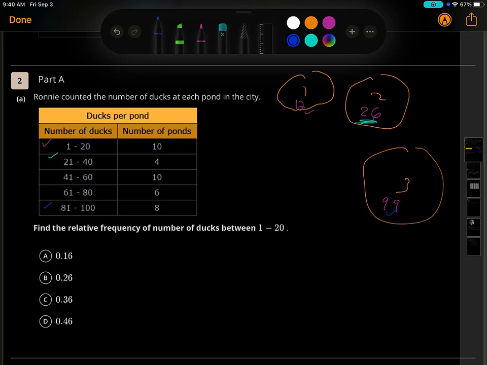So it tells us find the relative frequency. So here, this is your frequency. Hold on a second, I'll move this. Okay, so basically frequency is just a count. And this one wants a relative frequency.